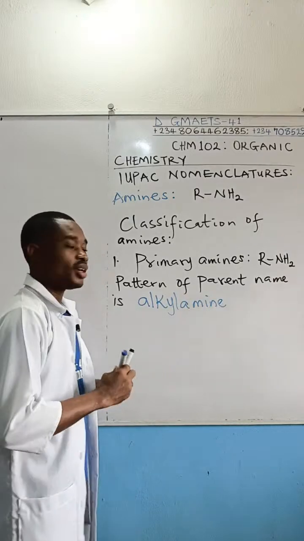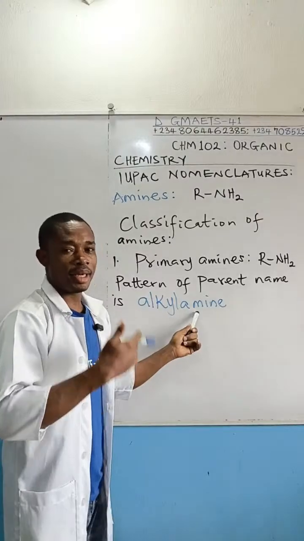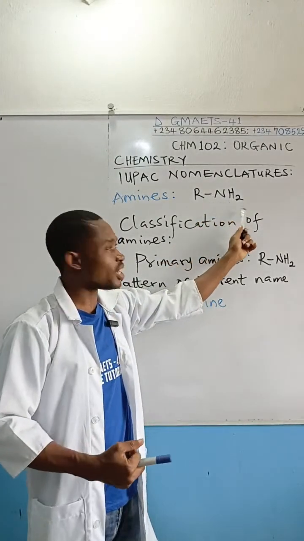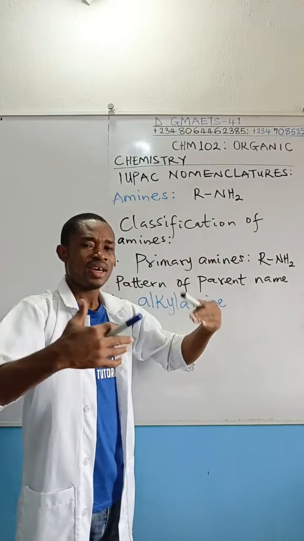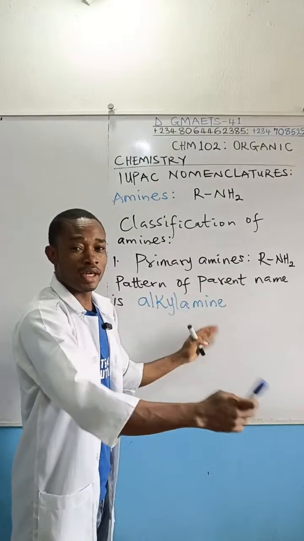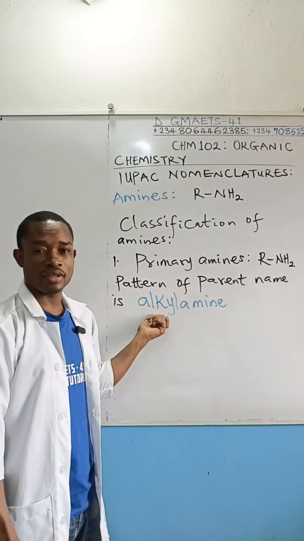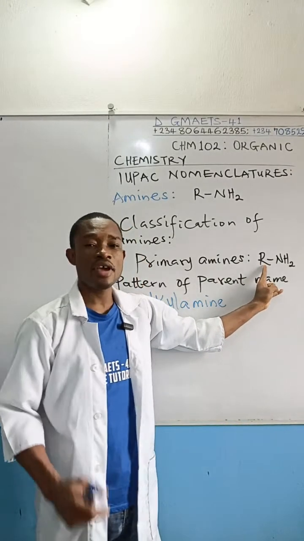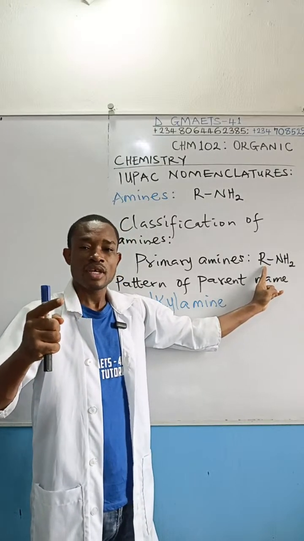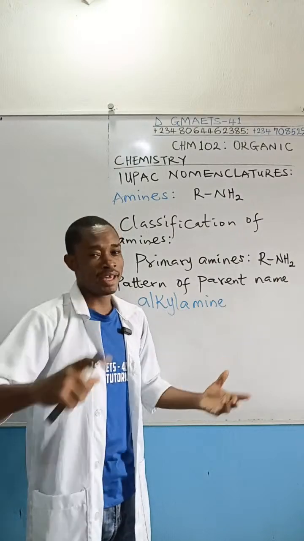So you see, alkylamine. As long as you have that NH2, it is an amine. You mention the name of the alkyl. Imagine if this R here contains just one carbon. One carbon is meth. That will now be methylamine.